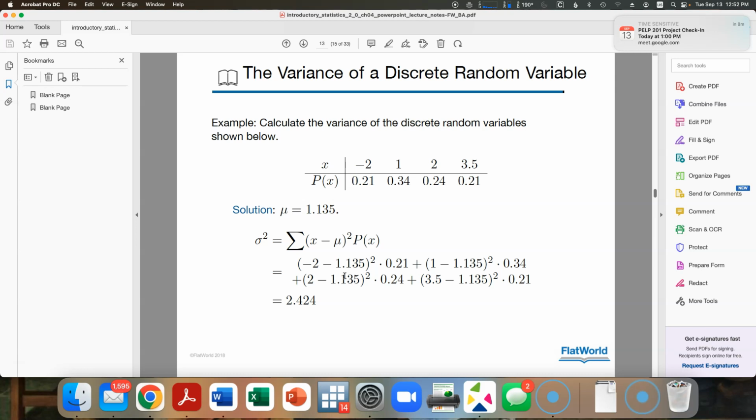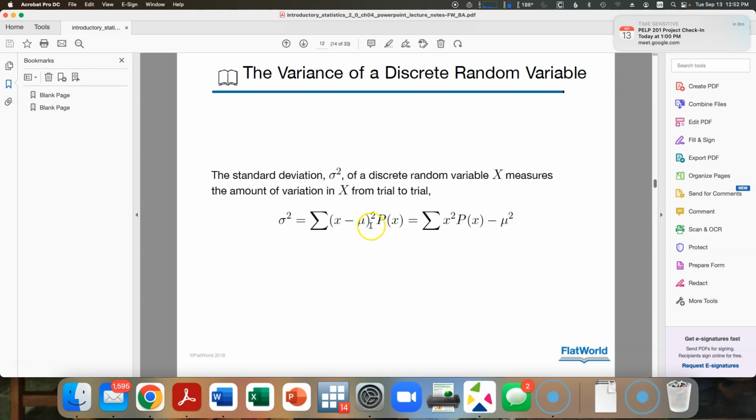By that I mean, if you try to simplify it and make it look like this, you run the risk of putting a wrong number somewhere. It's just easier to take the value minus the mean, square it, and then multiply it by the probability, because that's just a pretty consistent way of solving it.